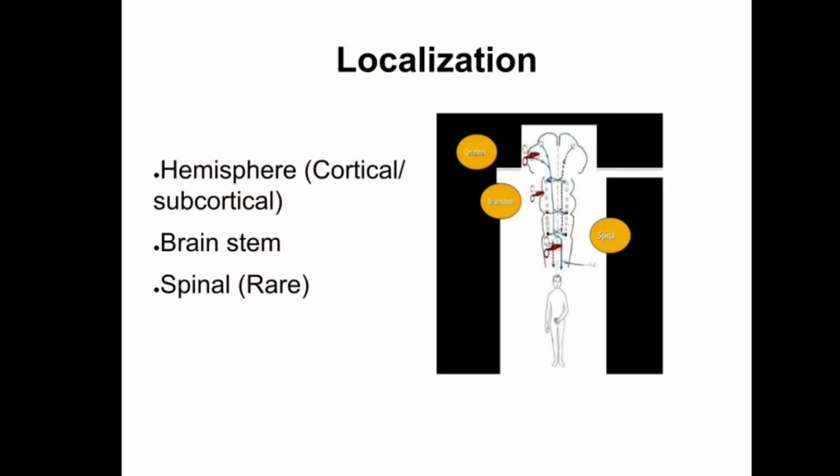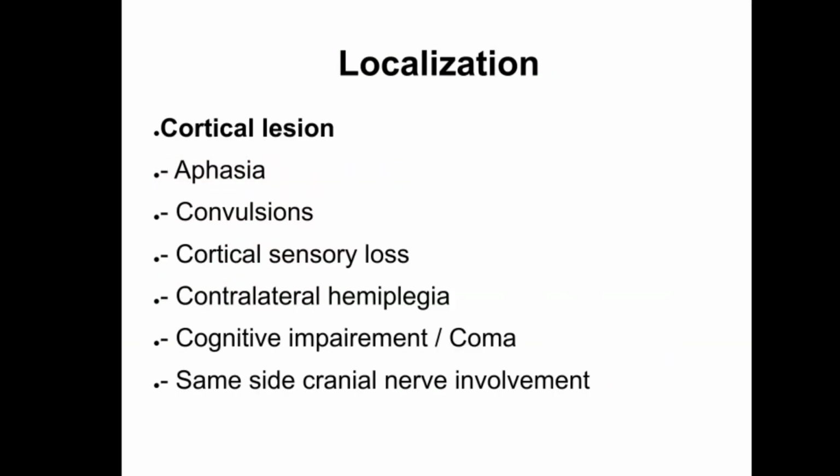See, if it is cortical, what are the features we will see? There can be involvement of the speech, there can be apraxia, that means unable to perform a non-motor activity. Then convulsions can occur and you will see opposite side weakness.